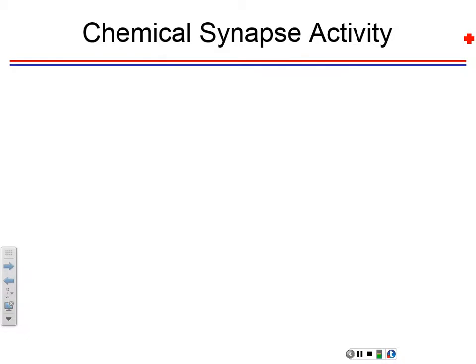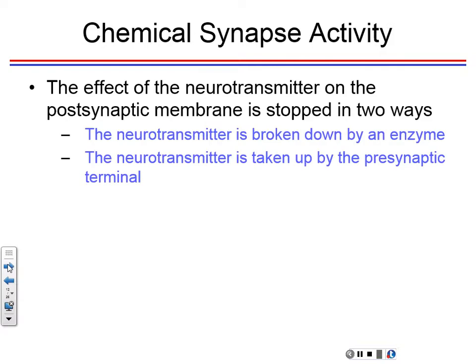So chemical synapse activity. Okay. So the neurotransmitter, of course, can be stopped in two ways. Okay. Remember, I told you already that they don't touch, and the advantage is that you can manipulate it. Okay. So one of the ways is you can reuptake.